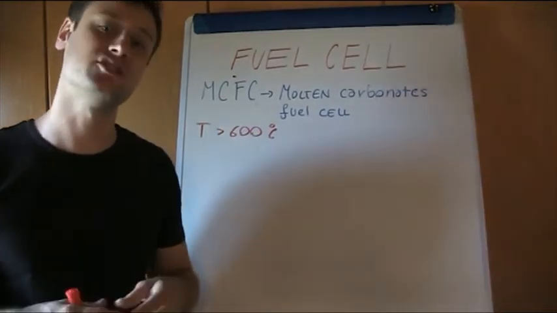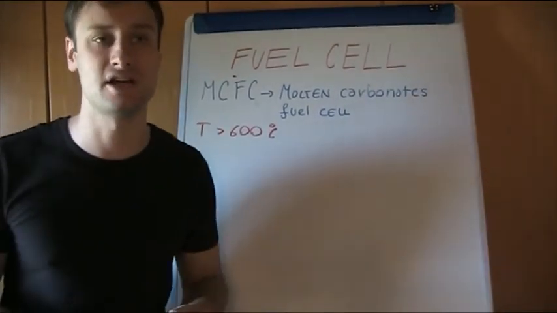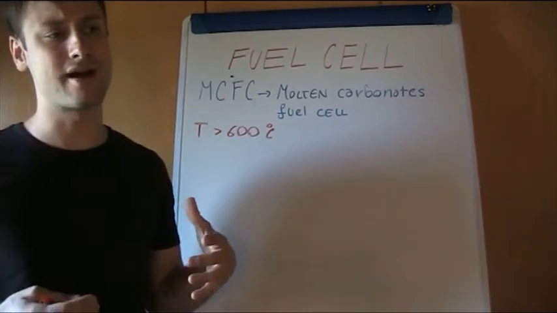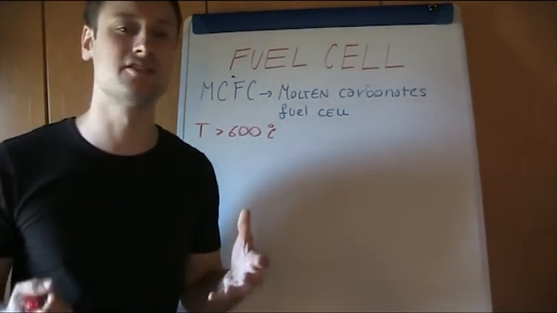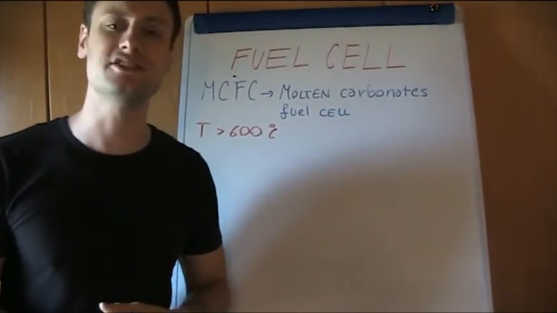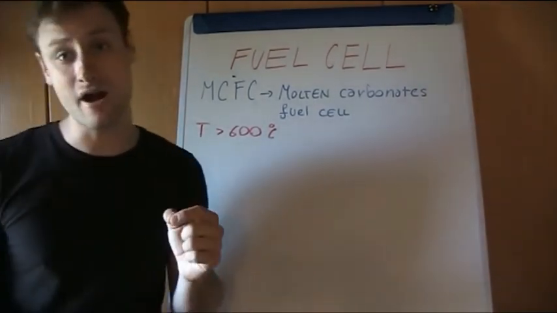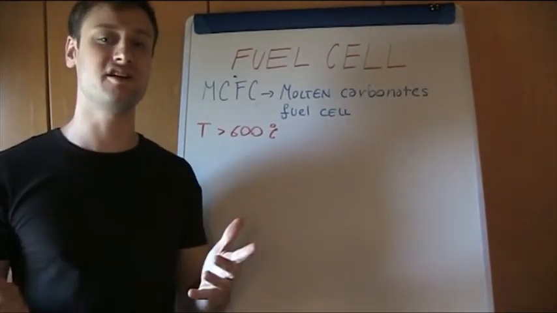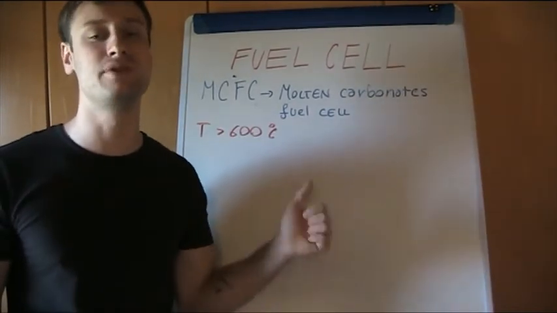But since we are dealing with carbonate at this high temperature, we are dealing with a quite aggressive and corrosive environment. And this is the reason for which we need to be aware of what types of materials should be used in order to build this cell.